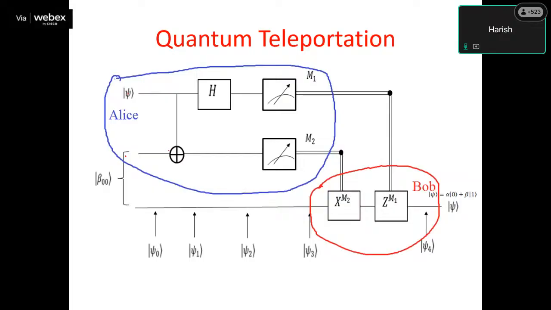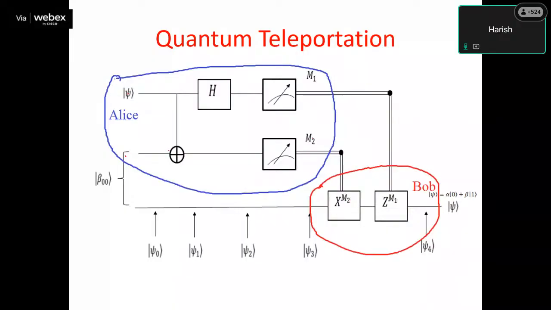Why? Because until and unless Bob gets this m1 and m2, he cannot apply X and Z. He does not know whether to apply X or whether to apply Z or not. Depending upon the values of m1 and m2 received, he will apply the X and Z gates. So this has become generic. If m1 and m2 are 0, 0, then nothing will be applied; the gate becomes identity.